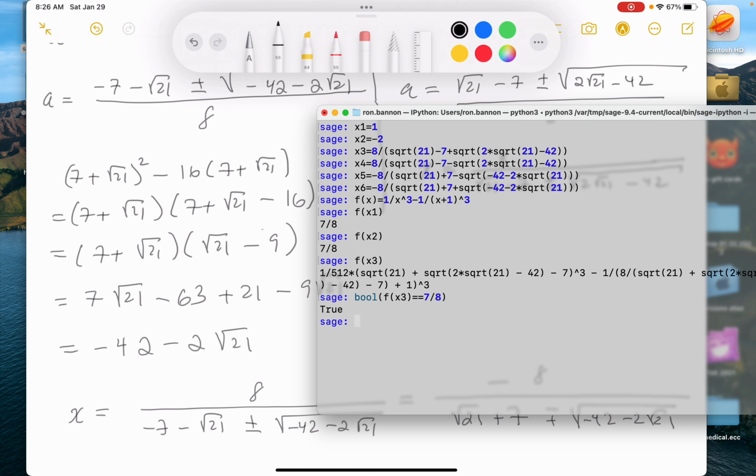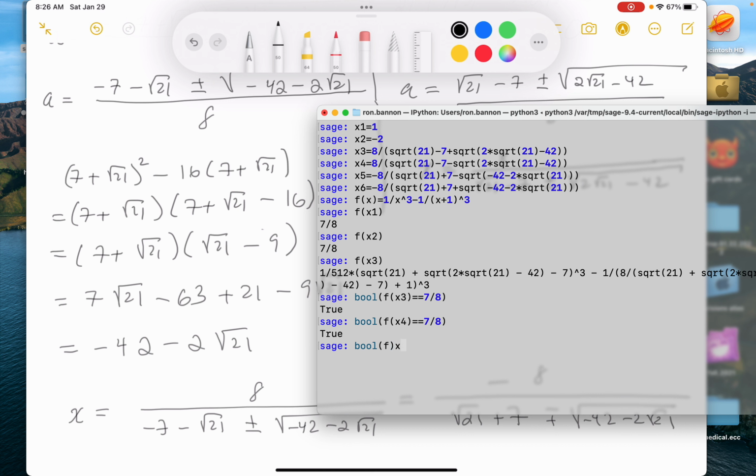Let's try the other ones. Let's see x4. Shocked again. Wow. Let's try x5. I wasn't expecting it, by the way. Whoops, made a mistake somewhere. Let's type it in then.